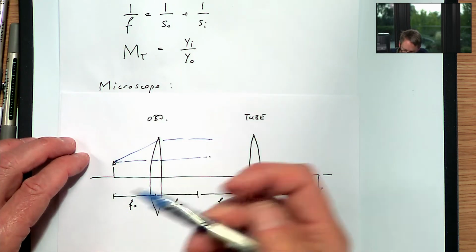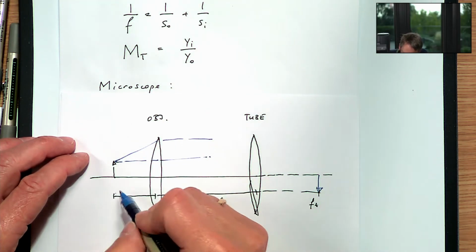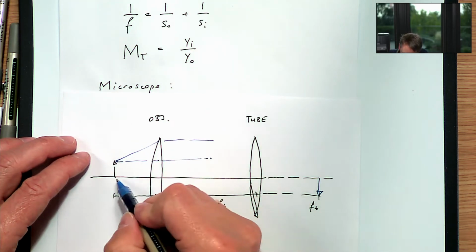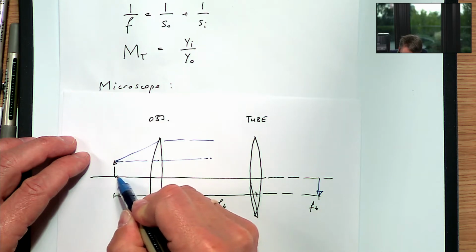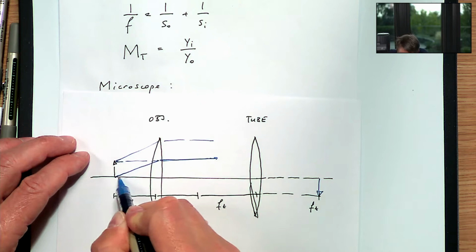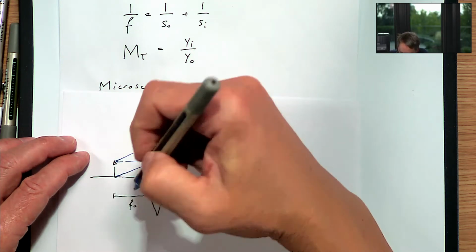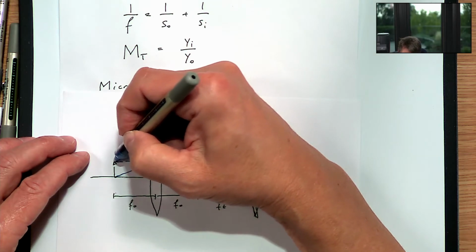And I've drawn this badly. This is wrong, what I've done. I should have started like this, and then that is parallel, and then this central ray goes undeflected. As I said before, the central ray is always undeflected.